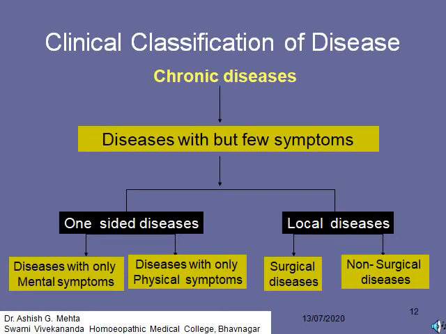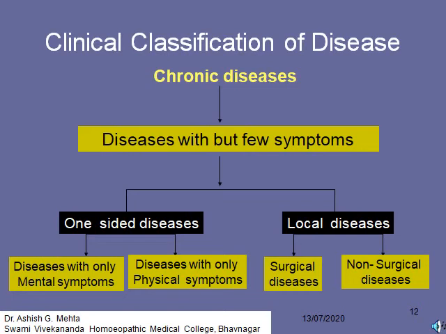This kind of surgical disease is due to pathological changes, especially irreversible pathological changes, which is known as the limitations of homeopathic medication, as well as they fall into the domain of surgery.